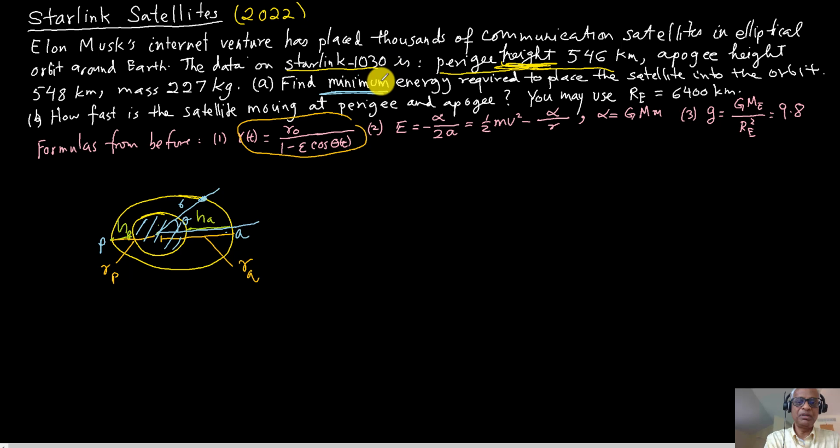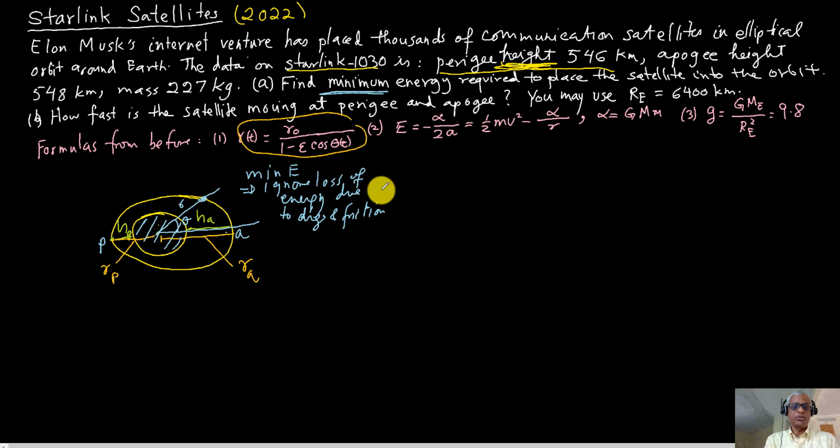Minimum means ignoring the loss of energy due to drag and friction.